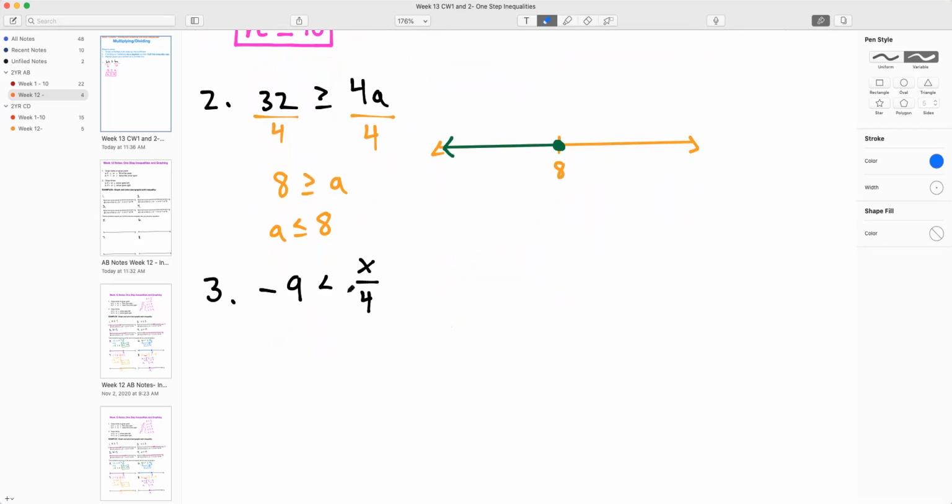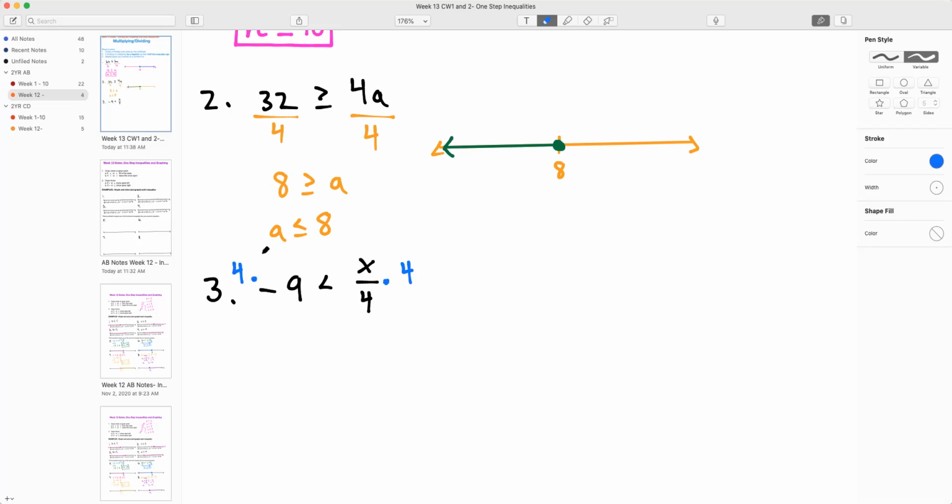So in this case, the coefficient would be like 1/4. So we're going to have to multiply by 4, both sides. Essentially, we're dividing by 1/4, and it's the same as multiplying by 4. Remember, dividing is the same as multiplying by the reciprocal. So we'll multiply both sides by 4.